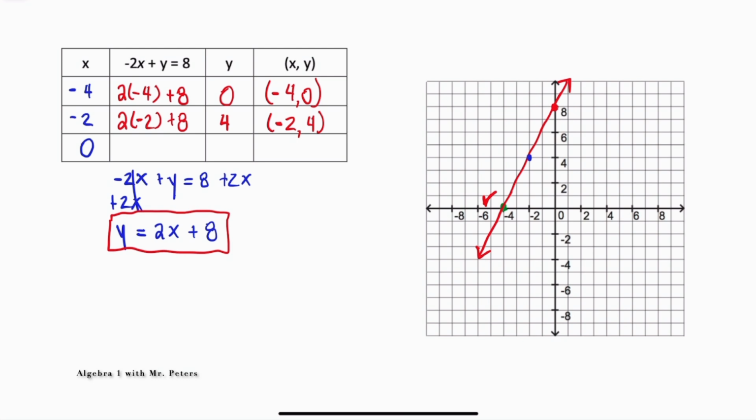And you see that the line crosses through this point. So we're good there. And then in the last one, right? The y-intercept, we have 2 times 0 plus 8. So 0 plus 8 gives us an 8. We're talking about the ordered pair 0, comma 8, which we have up here.